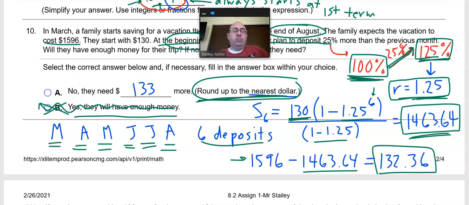If they round it down, I'd mark that down, but it should be rounded up to 133. If for some reason you come across this problem on the test and get it wrong for that reason, just shoot me a text or an email and I'll fix it for you, because that's kind of ridiculous.